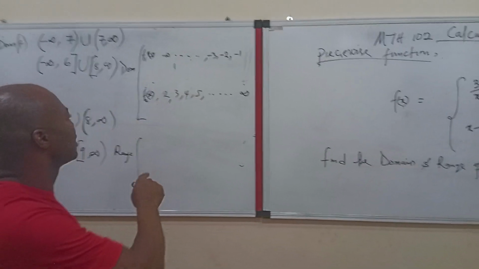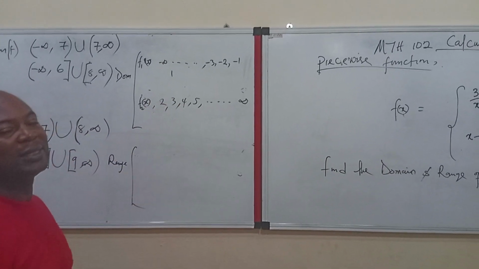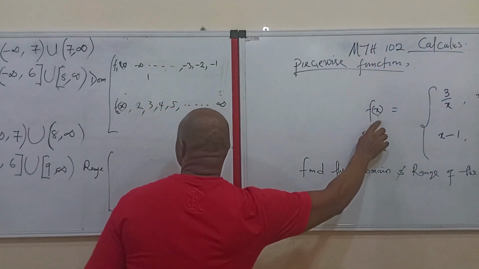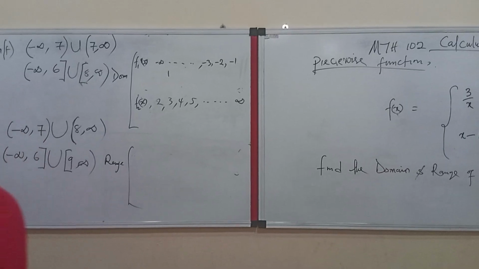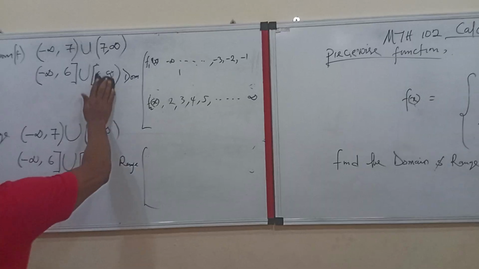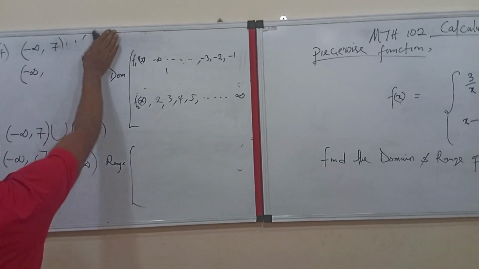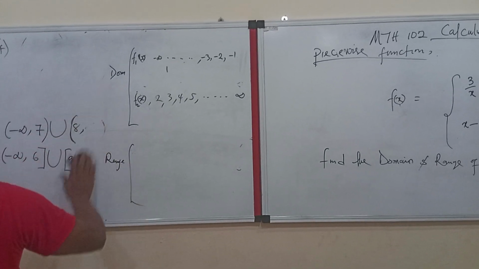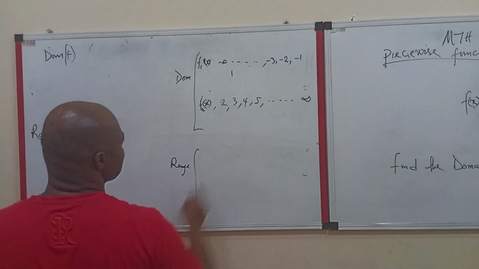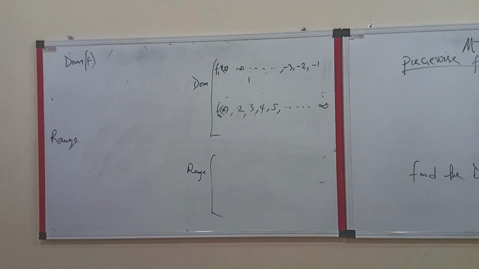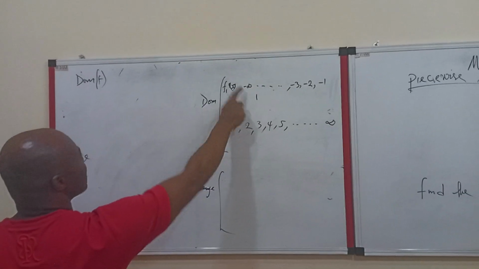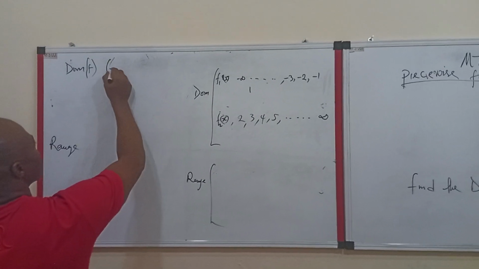Now that we have removed it, let us combine these two, so that it will become the domain of this function. If we combine the two, you know this side gives infinity, so it is here we will start from.